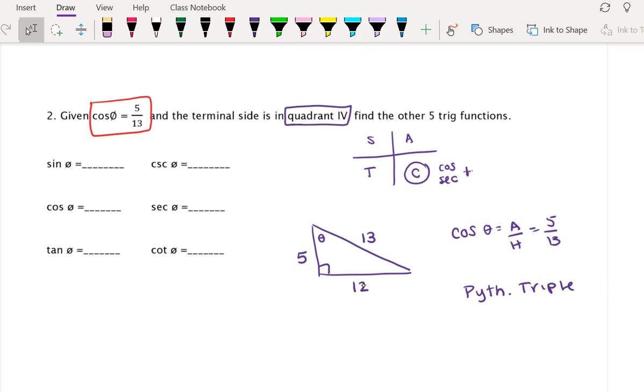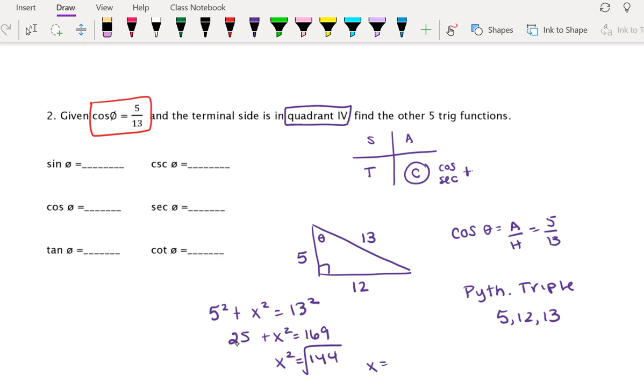You could also use the Pythagorean theorem to verify: 5 squared plus x squared equals 13 squared. And so you get 25 plus x squared equals 169. X squared is 144, and when you square root, you get x equals 12. Okay, but knowing the triple is faster.